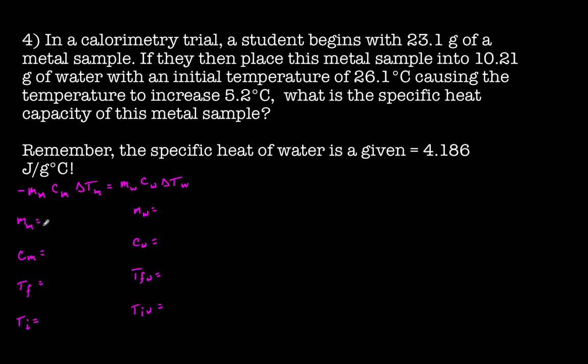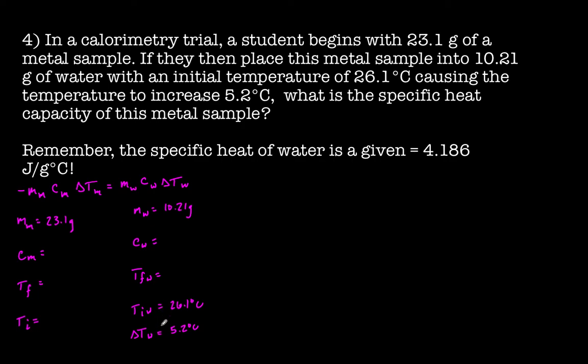And thankfully our problem gives us a mass of metal of 23.1 grams. Then let's flip to the side and say, what's the mass of our water? We know 10.21 grams of water. Now this water has an initial temperature of 26.1 degrees Celsius, okay? And it has a change in temperature, let's write it down here, of 5.2 degrees Celsius.